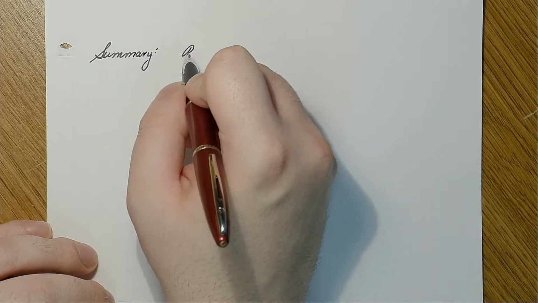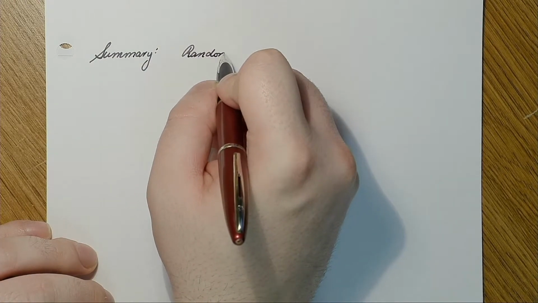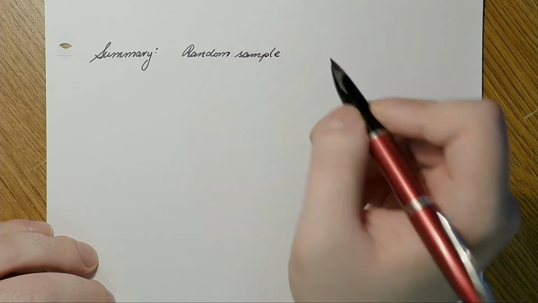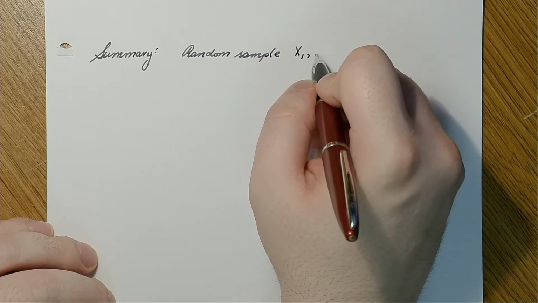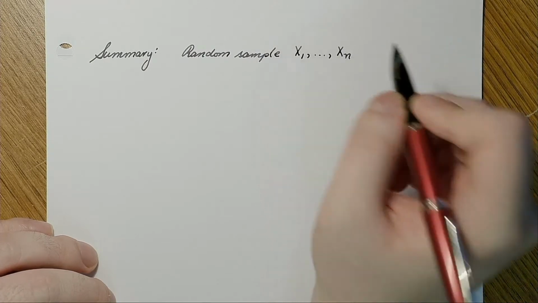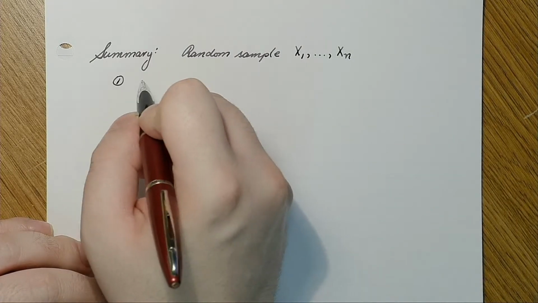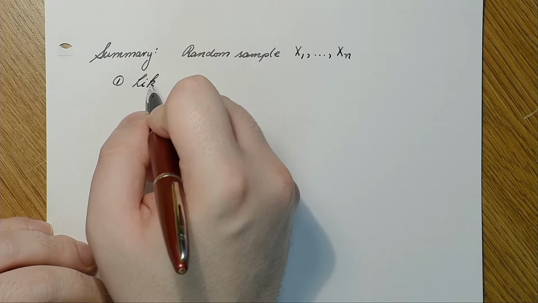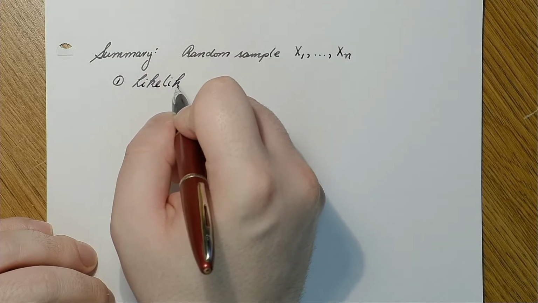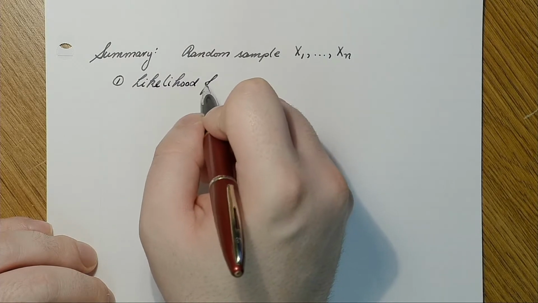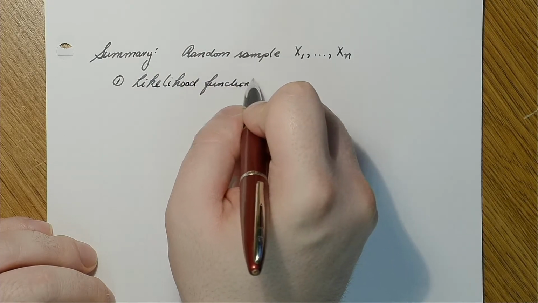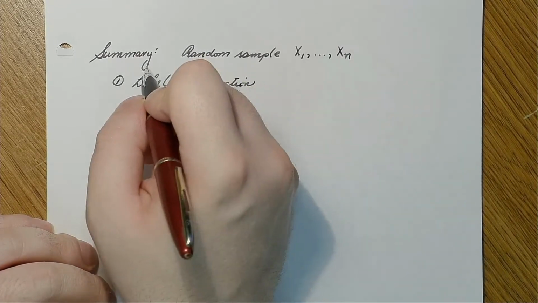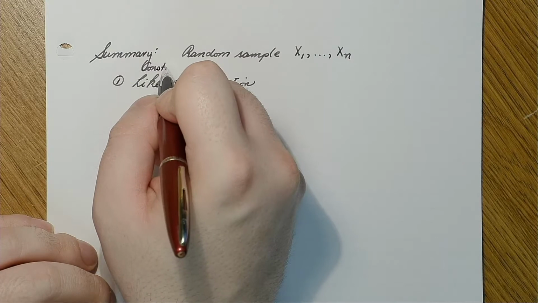So I have a random sample. So I have x1 all the way up to xn. Step 1, the likelihood function. Okay, so constructed. So let's say construct it.